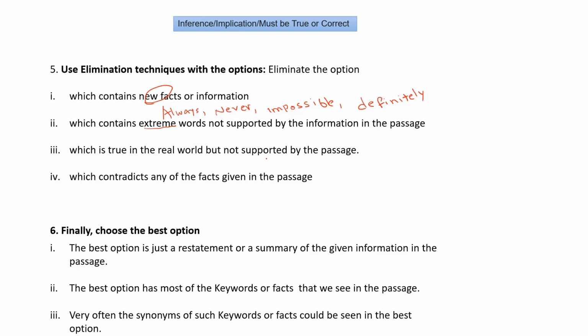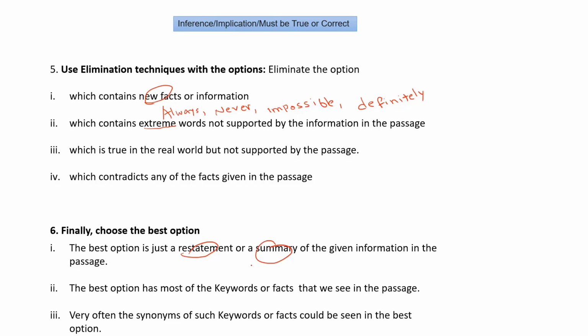Here I say the best option is just the restatement or the summary of the given information. When you read the passage and the best option, you feel that this is what the passage is about. This option is just the summary, just a restatement. He's saying the same thing in a different way.